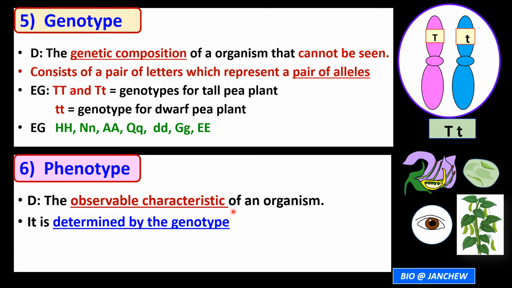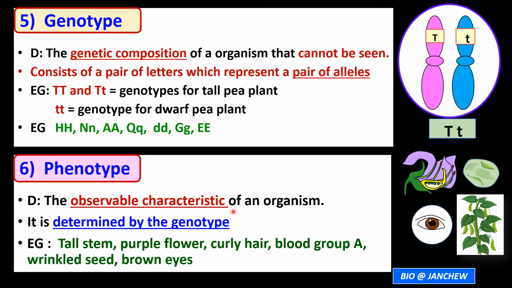Other examples: tall stem, purple flower, curly hair, blood group A, wrinkled seed, brown eyes. So a phenotype is actually a trait that is shown by the organism.